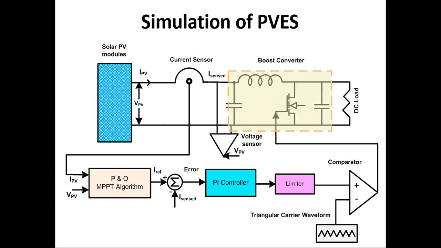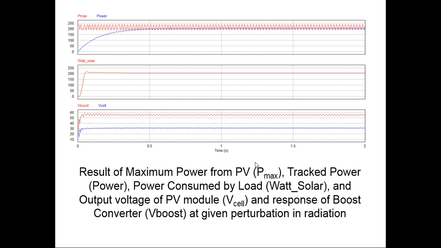So we have introduced this in the solar PV modules with the boost converter. The error is given to the PI controller and limiter, and a triangular voltage waveform is given to the boost converter, and we are getting these results for the same algorithm. That's what we have done.